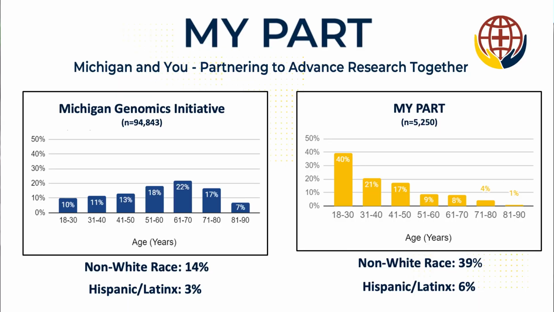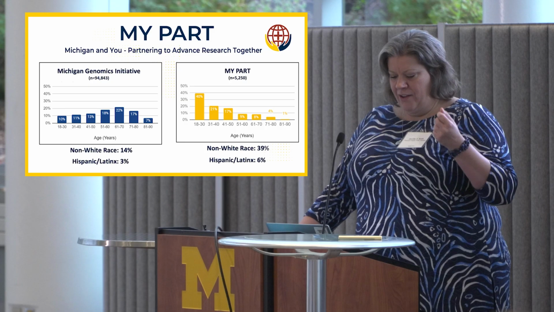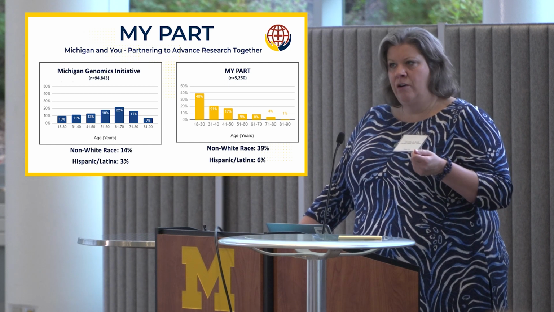Through this initiative, you can see, if you can see my pointer, over on the left side of the graph in blue, the age distribution of MGI. It tends to be a little bit older, between ages about 50 and 80. We have 14% of participants who are not self-reported white, and about 3% Hispanic and Latino.